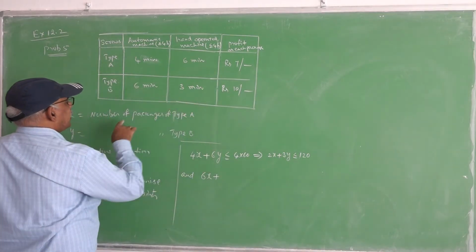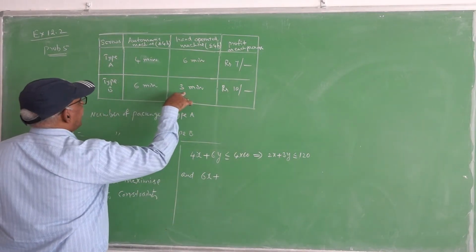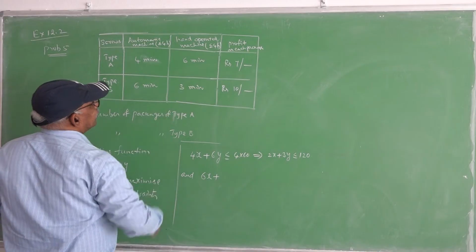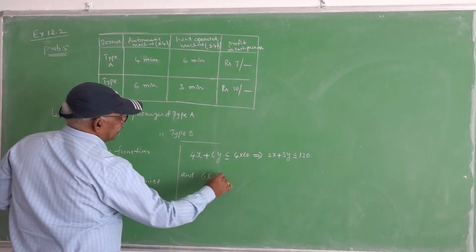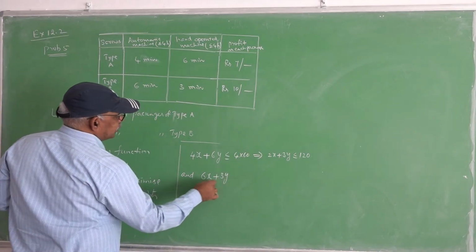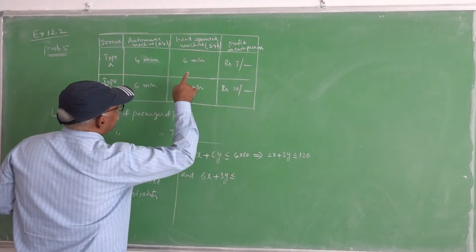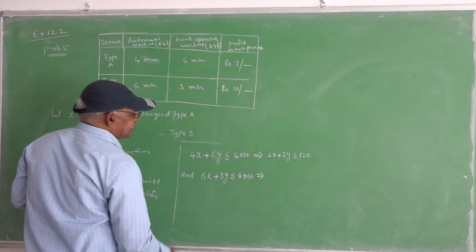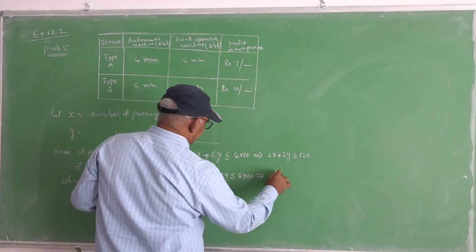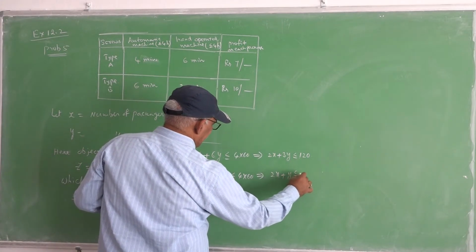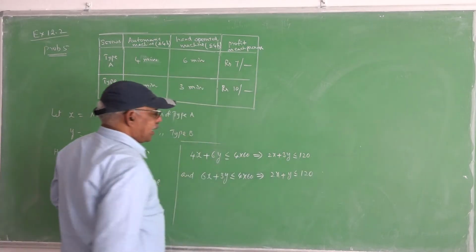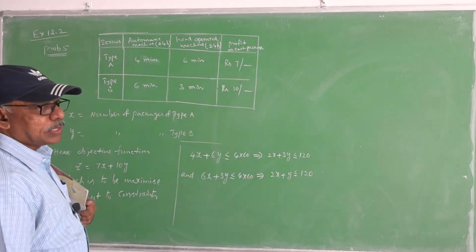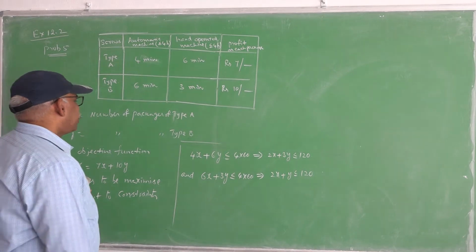Similarly, for y packages of type B, the hand operated machine takes 3y minutes. These two are also less than or equal to 4 hours, so less than 60, which gives us another condition, namely 2x plus y less than or equal to 120.